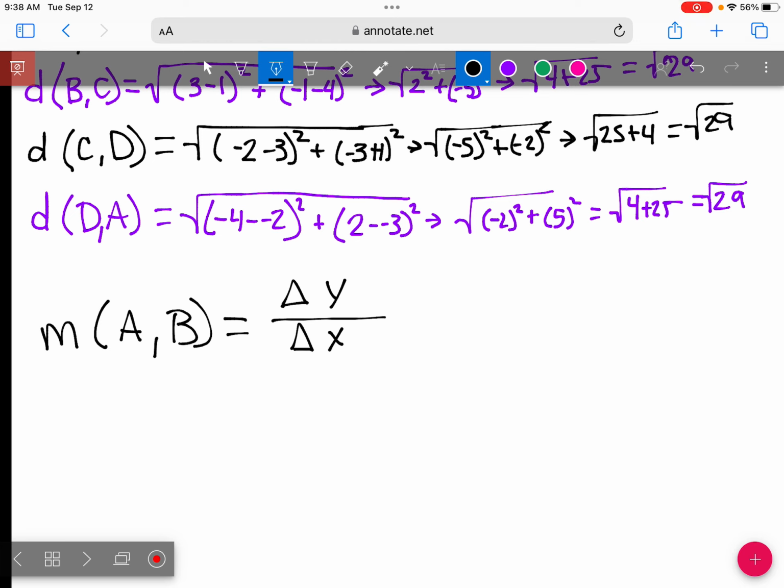Rise over run. Y's over x's. So we're just going to take the point values. For A and B, it's 4 minus 2 over 1 minus -4. It's that long. It's 4 fractions. So our slope is 2/5.